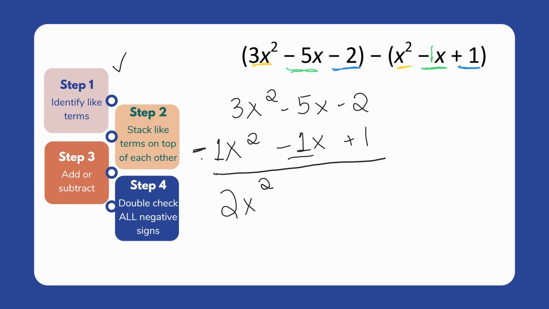So I have negative 5x plus 1x, which is negative 4x. Then I have negative 2 minus 1, which is going to give me a larger negative number that is negative 3. So my final difference is 2x squared minus 4x minus 3. That's also a polynomial. It's called a trinomial.